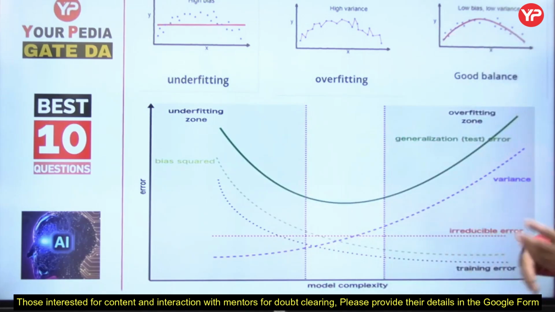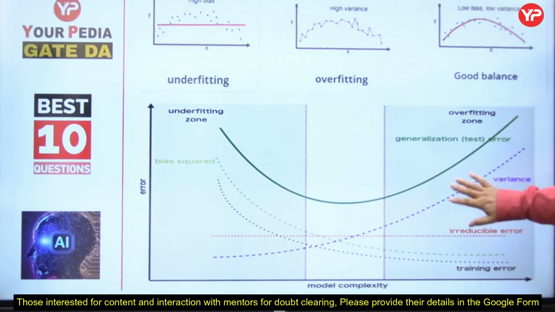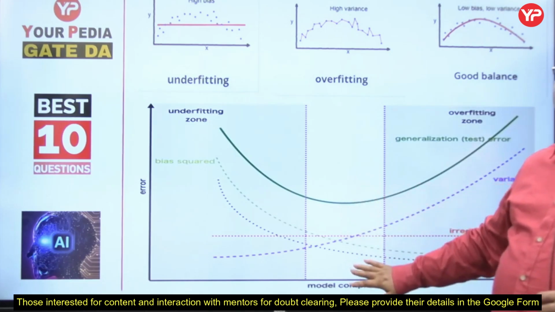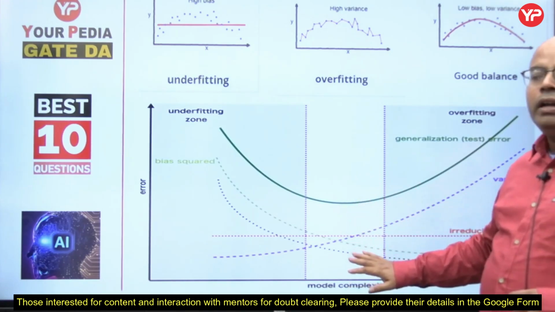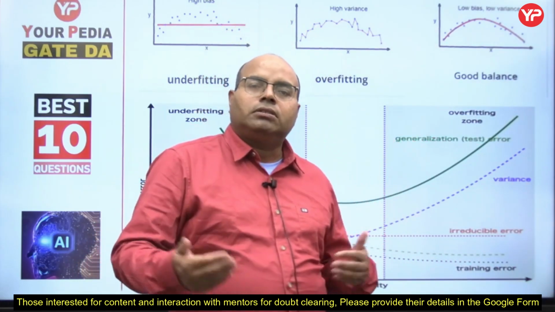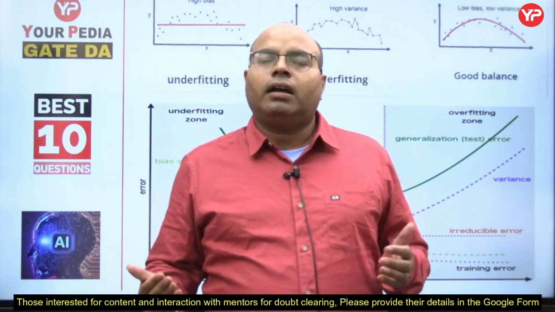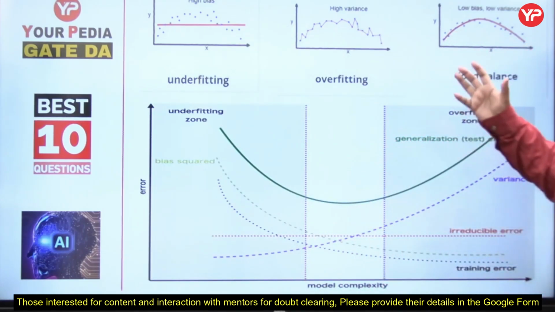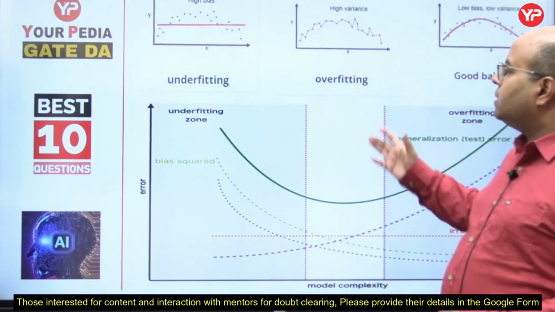But as we have started fitting complex models, bias error has come down, but variance error has increased. So this is the point where we choose our models. The entire machine learning thing revolves around this bias variance dilemma. Everywhere we are trying to do the same thing, trying to adjust bias and variance error.